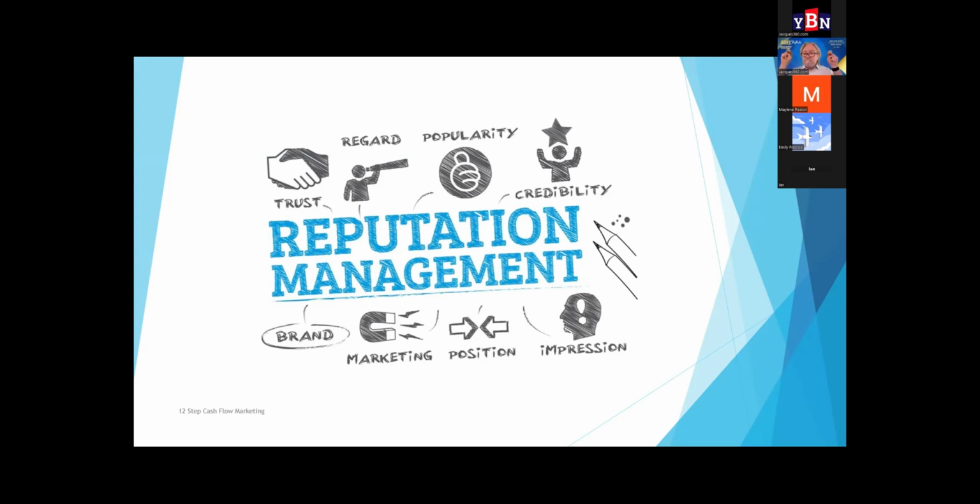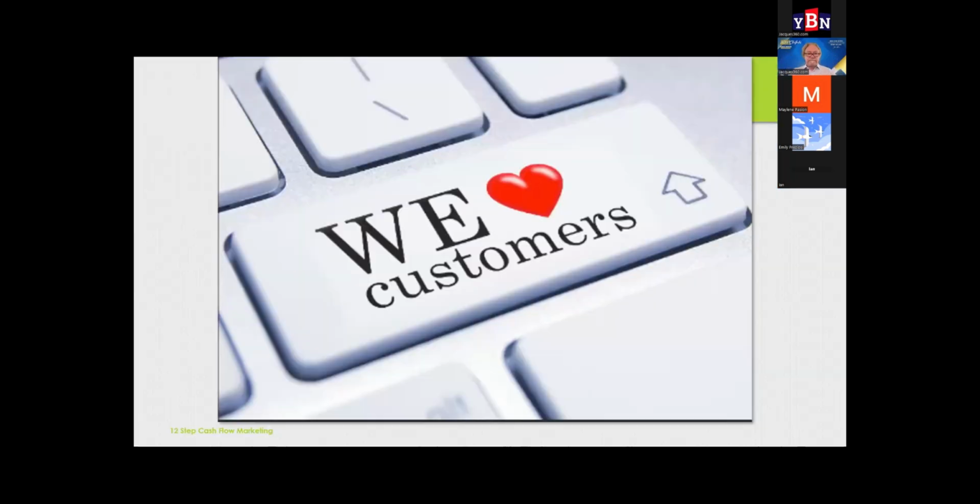It's about the impression people have when they come to your business or they come to your profile. It's all about marketing. Reputation management is about marketing your business and recognizing your brand. So we're going to go through 12 steps today that will help your business increase their reputation.